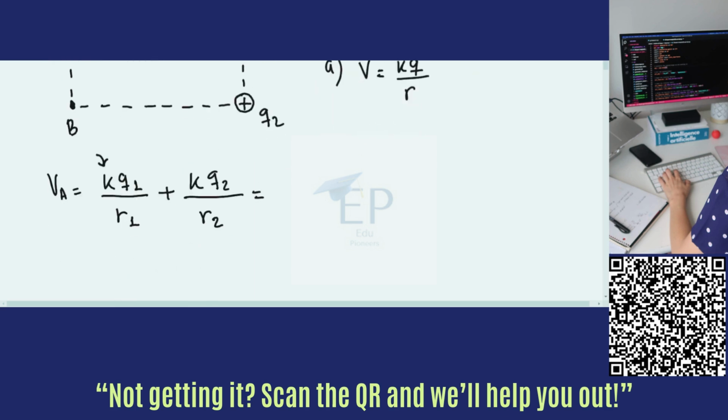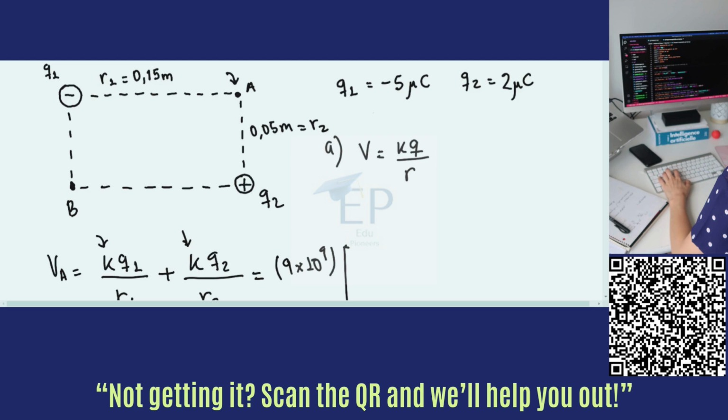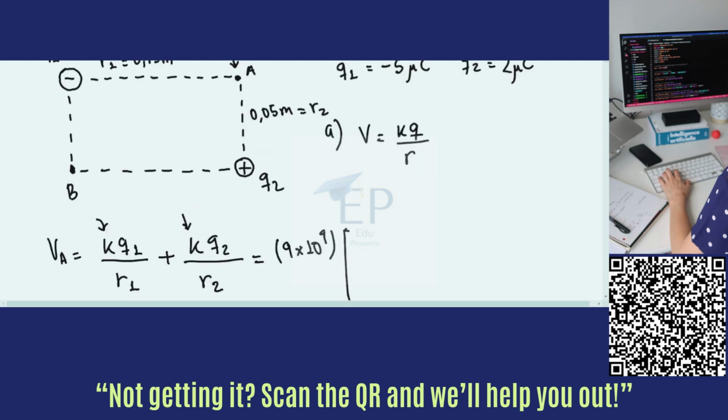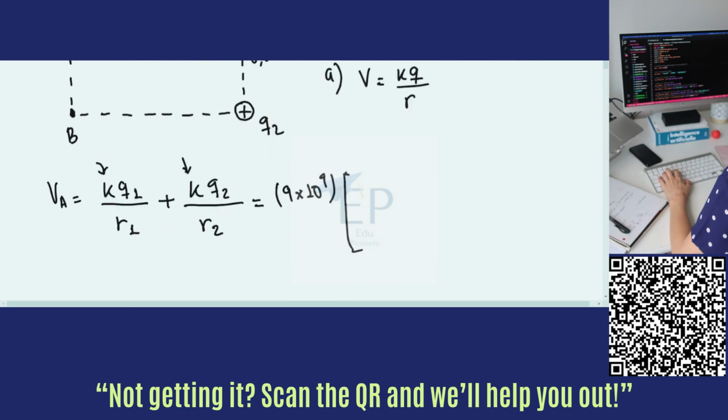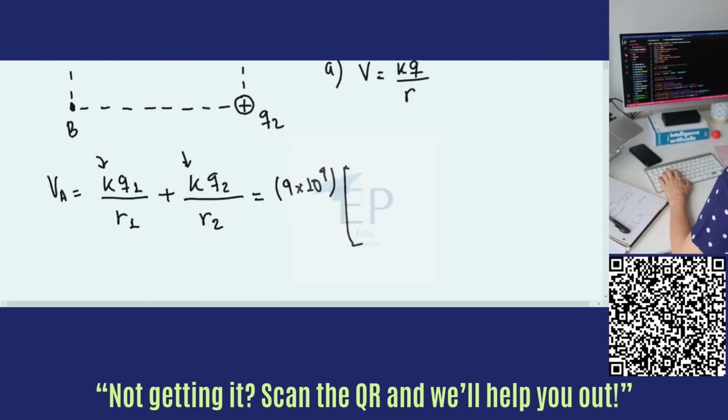We can see that we can factorize the Coulomb's constant, and we know that the Coulomb constant is 9 times 10 to the 9th, and the rest of it is Q1. Yes, the charge 1 has a value of minus 5 microcoulombs. Microcoulombs means times 10 to the minus 6.